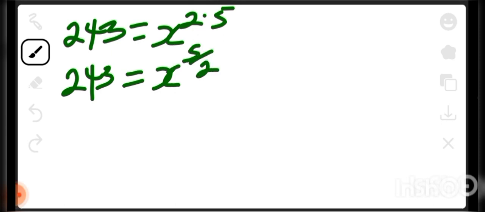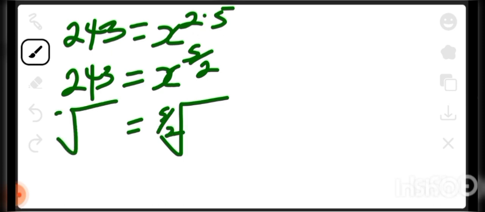That's the meaning. So what we are going to do now, we are going to take the 5 over 2 root, which I did before. It's still the same thing, just as you want to use your head now. So take the 5 over 2 root of this 243.